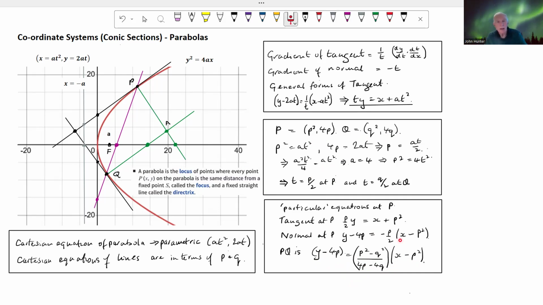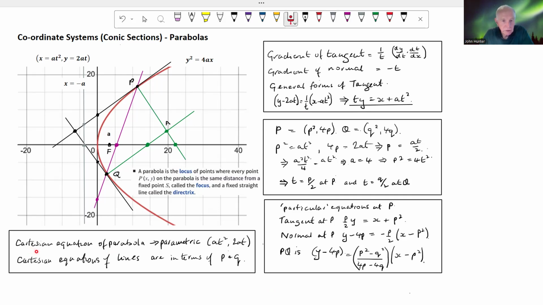Okay, so that's the generality of it all. We're finding these equations, but usually not in terms of actual constants and numbers, but in terms of these p and q, which are real numbers, but we don't know what they are.